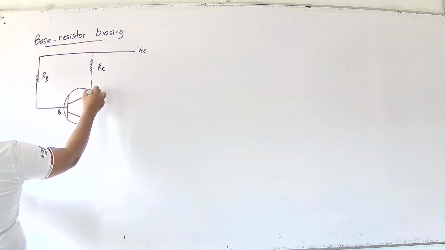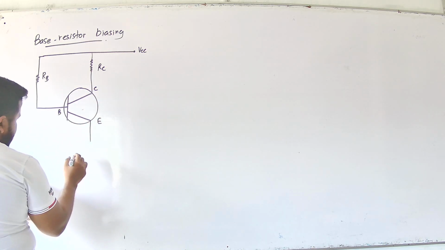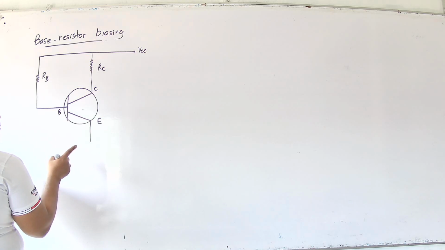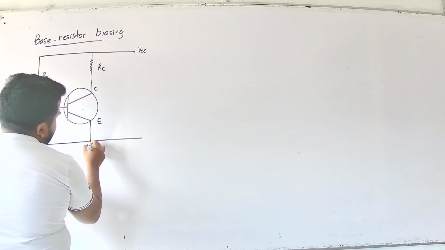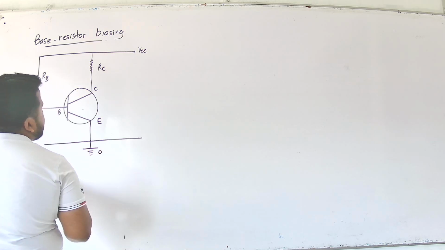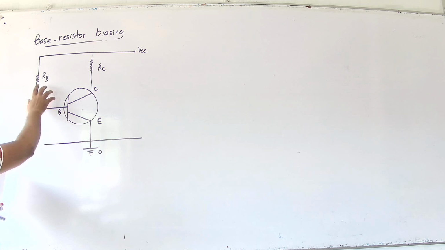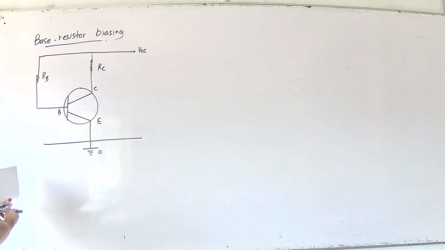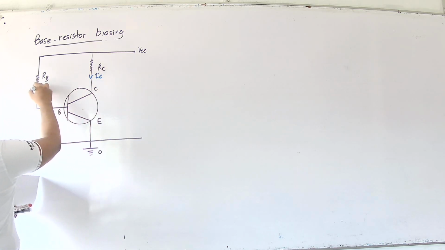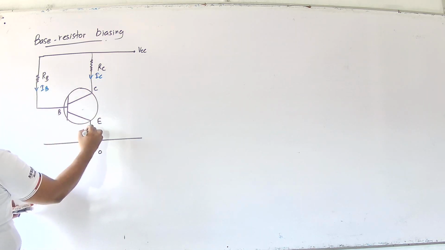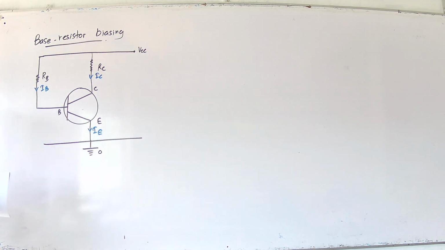This is base, this is collector, this is emitter. We use a resistor at the base to bias it. There is a current passing through IC. This is IB, then IE. This is the first method.